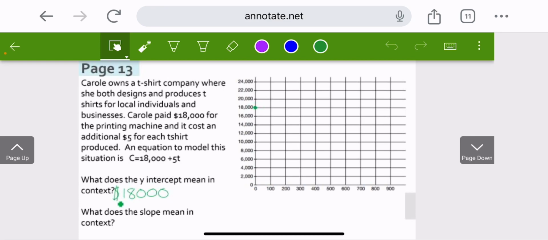Cost after making no shirts. Perfect answer. You can also say her initial cost, her startup cost, the amount she spends to build the room.